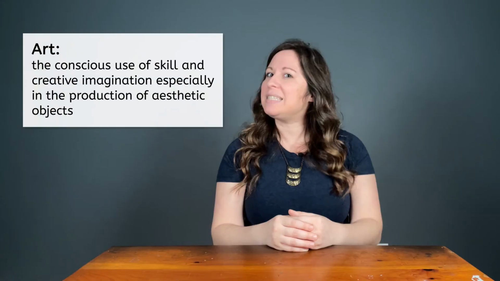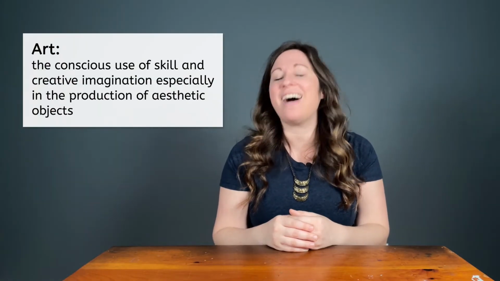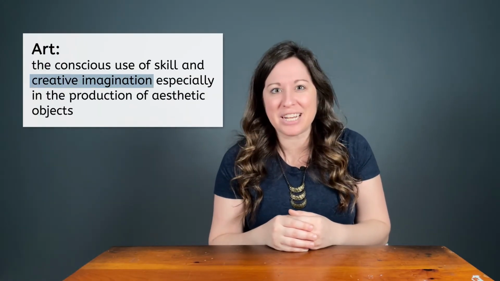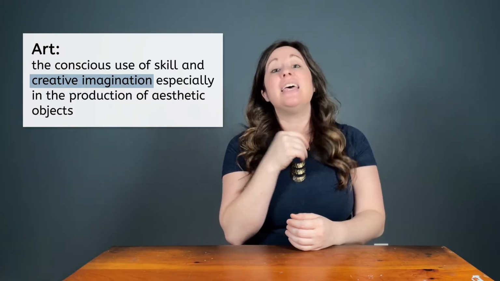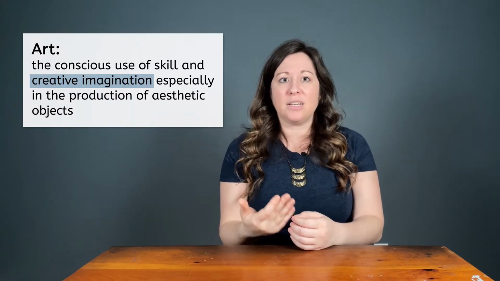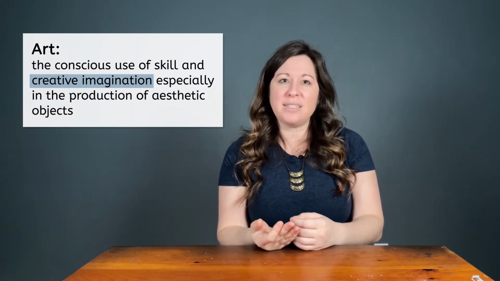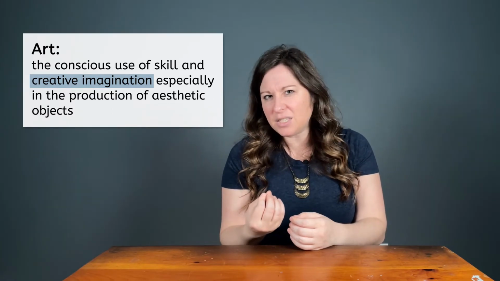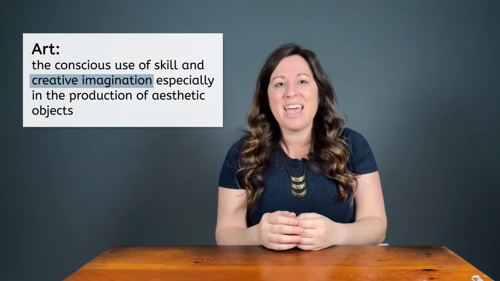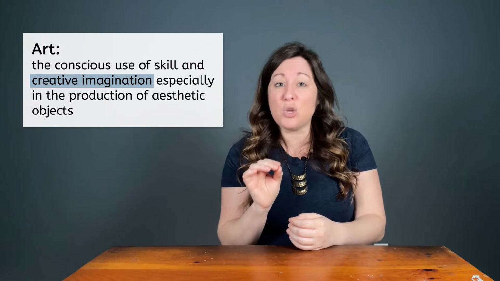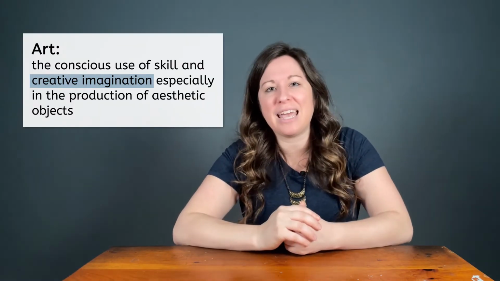Now, what is said next in the definition? Creative imagination. This is a great part. This simply means that the artist creating an artwork is doing so with some level of inventiveness or originality. They are making something new or envisioning something in an innovative way.